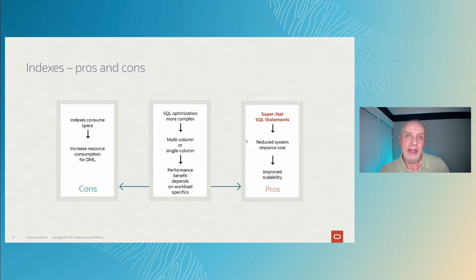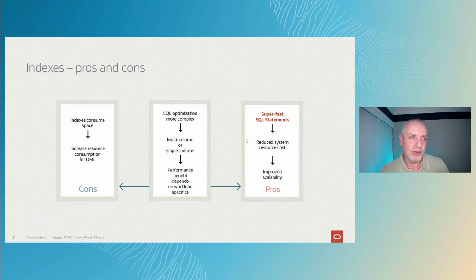So the key thing really is that indexes give you greater scalability and more efficient resource utilization on the machine to allow you to do more work. So I think there's way more to it than just faster SQL statements, if you like. And that benefit is enormous. I mean, indexes used correctly are definitely able to transform a workload from something average to something incredibly fast.